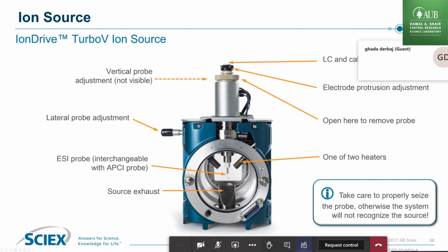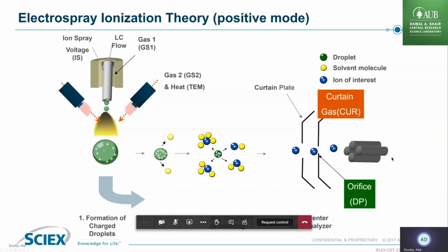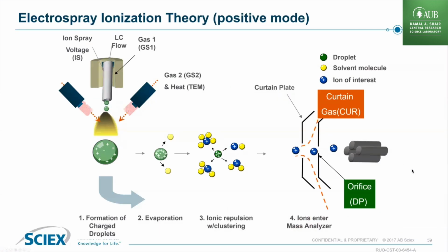So here you have the LC flow through the capillary. And this capillary is sitting inside another capillary, or a slightly bigger tube. Between the two, you have what is called gas 1. Gas 1 is basically compressed air coming from the gas generator.